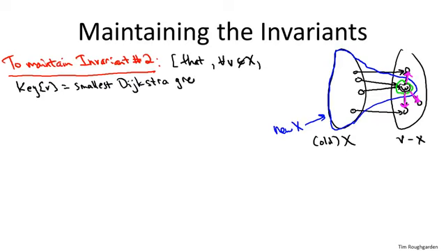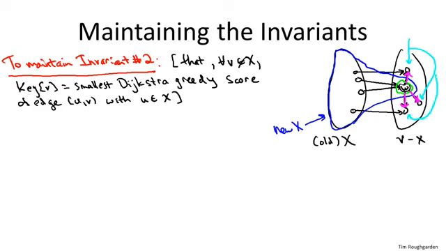As a result, the appropriate key value for vertices in the heap might be smaller now that W has been moved into X. And the candidates for the vertices in the heap whose keys might have dropped are precisely those vertices on the other end of edges sticking out of W. So summarizing, the fact that we've added a new vertex to capital X and extracted something from the heap has potentially increased the number of crossing edges across the frontier because the frontier has changed, and therefore for vertices that remain in the heap, the smallest greedy score of an edge that sticks into them from the set X might have dropped. So we need to update those keys to maintain invariant number two.